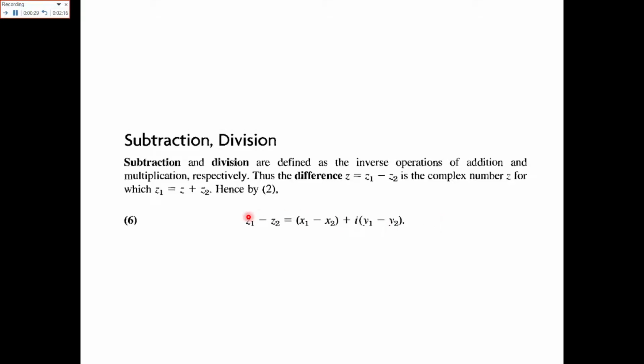It is basically the inverse operation of the addition when we talk about subtraction. So z1 minus z2 is equals to, what we are doing basically, we are subtracting the real part from the real part, and we are subtracting the imaginary part from the imaginary part of the complex number.